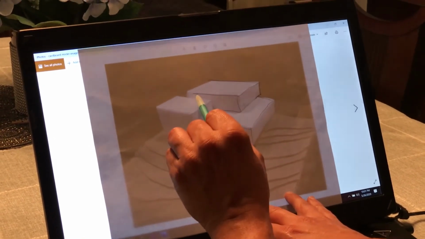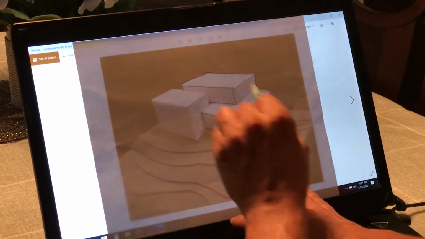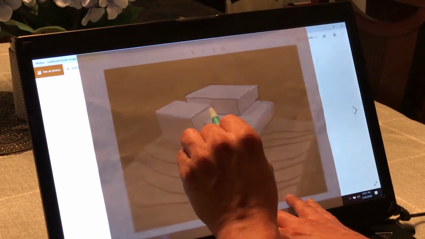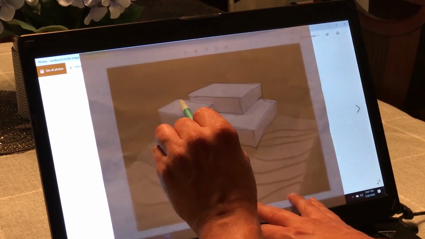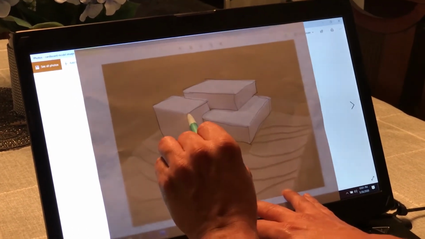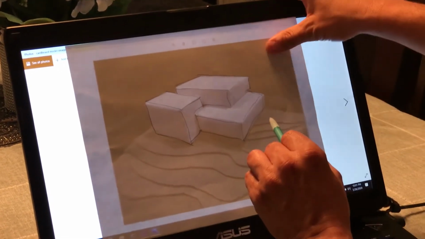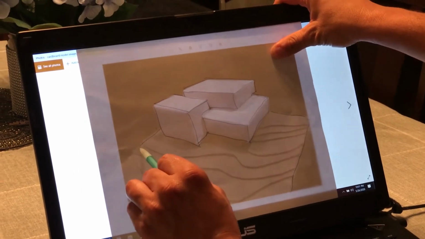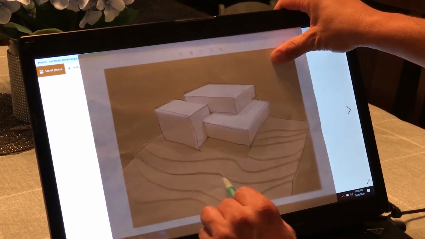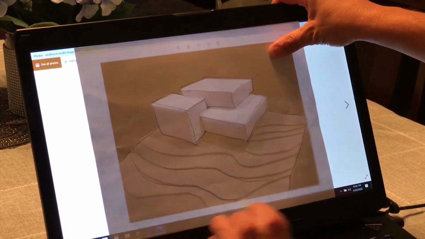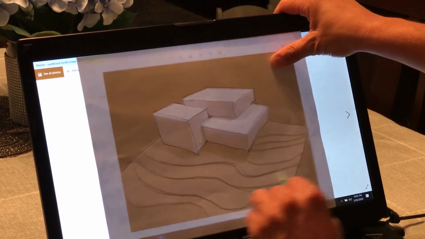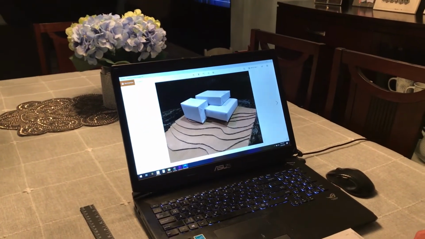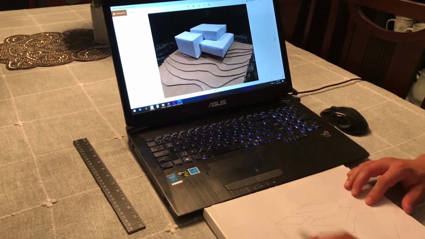You could clearly see I'm not really using a ruler at this point. It is not necessary. Okay, and you are going to want to get some of the site plan lines too. Now we take that down, and I forgot a line.